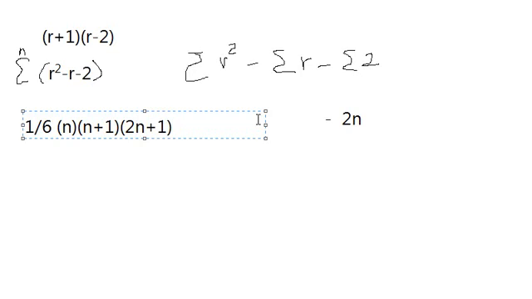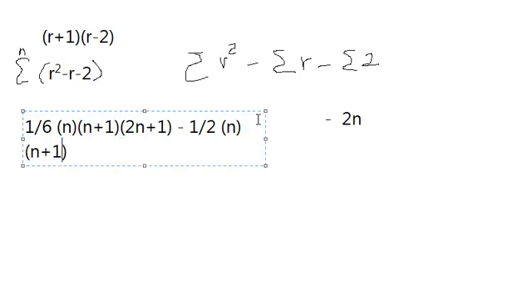You can find this in your formula book, so you don't need to actually do a lot to find it. Then sum of r, this one you have to remember because it is not in the book. This is just half of n times n plus 1.